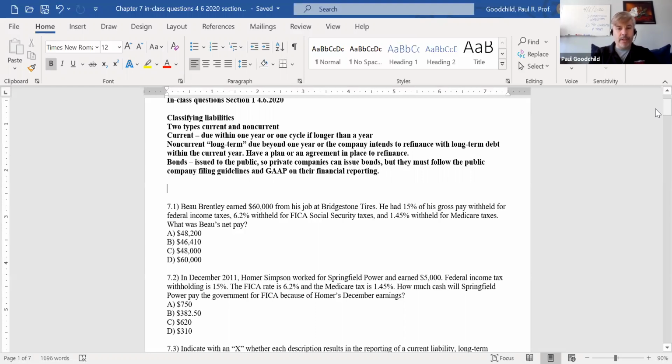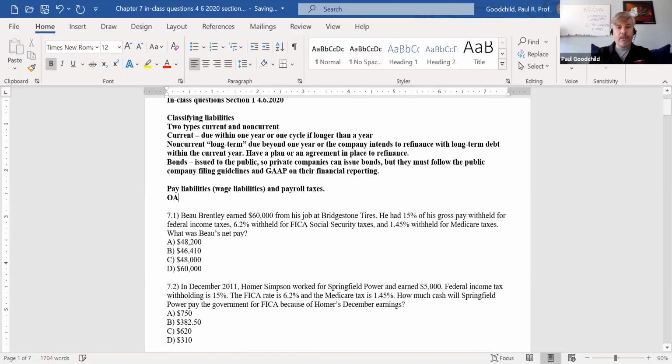In the first objective, they talk about what's current, what's non-current, and some other types of liabilities, and then we talk about pay liabilities, which sometimes would be called wage liabilities, and payroll taxes.